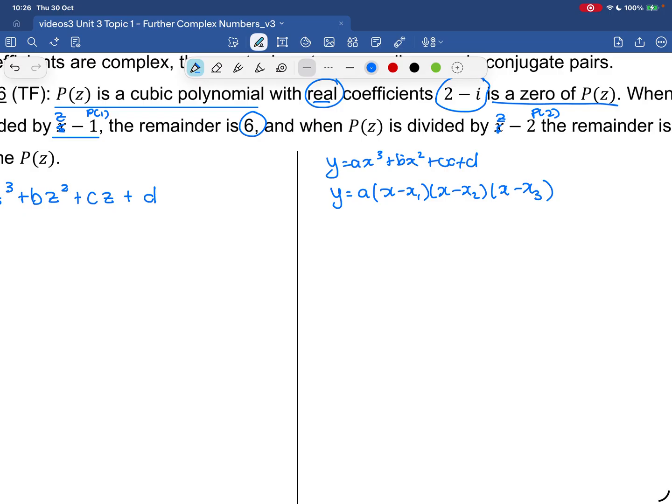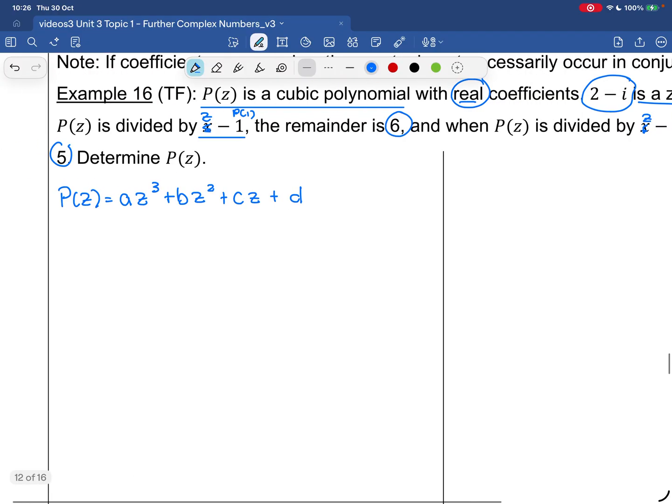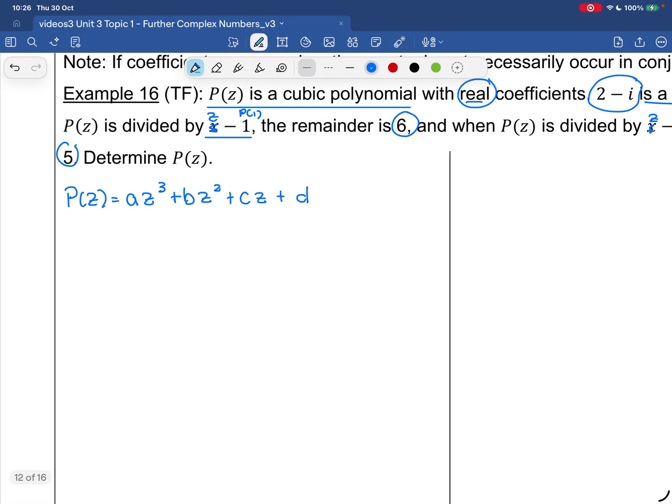And hopefully you remember that from your methods course. I'm going to be using a similar technique over here, to show what this thing would look like with its various factors.